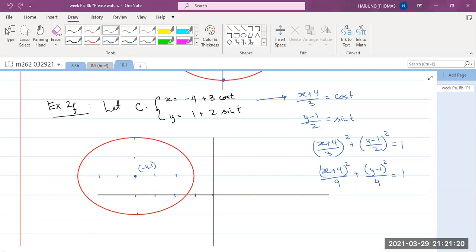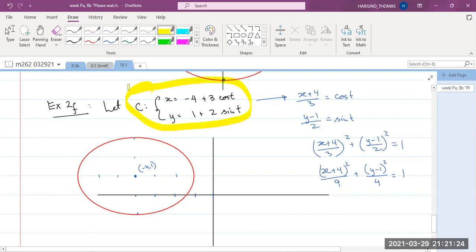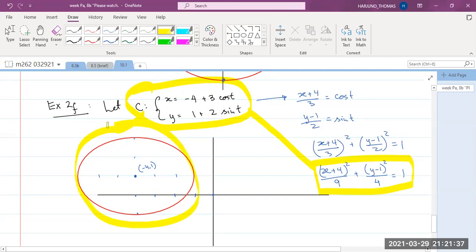So this parametric equation that we learned just now, if you understand the transformation, you can relate that to what you learned in algebra 2 and therefore get the graph.